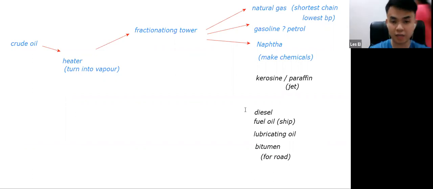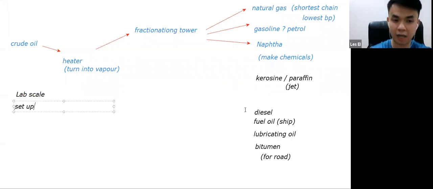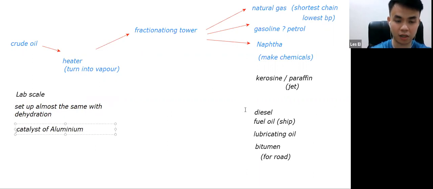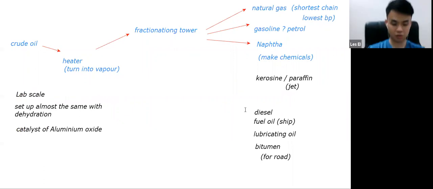If you do it in laboratory scale, in a school lab, the setup is almost the same as dehydration. So you still use a catalyst of aluminum oxide. Do you have any questions up to here?